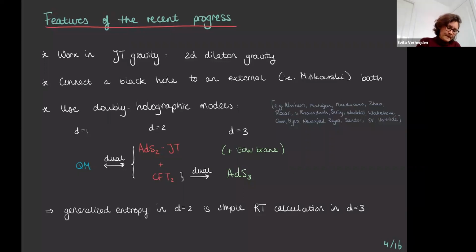But since the matter that you're looking at, the radiation, is itself a CFT, you can choose it to be a holographic CFT that has an AdS dual. And then this combined system is dual to an AdS spacetime, typically with some sort of end of the world brane on which this JT gravity is defined.